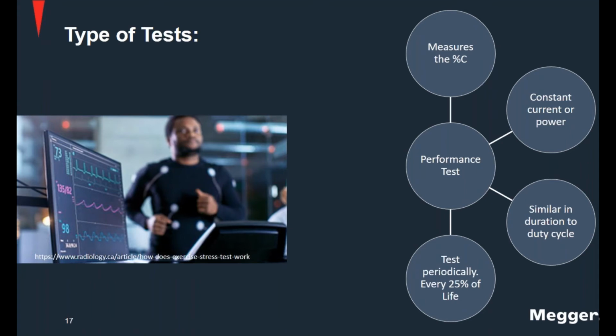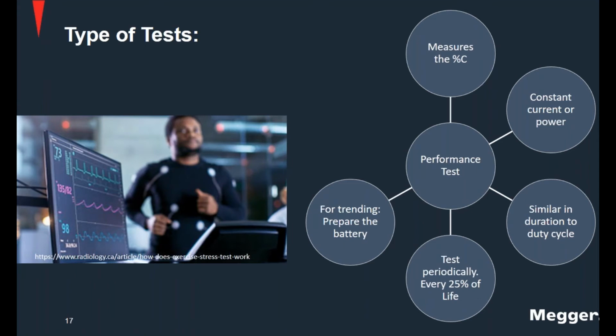Then the result: if you want to use this test for trending purposes and compare to previous results, you need to prepare the battery. The battery has to go through a preparation process that we'll discuss a little bit ahead, and that definitely will give you a good trending comparison, a good trending value.